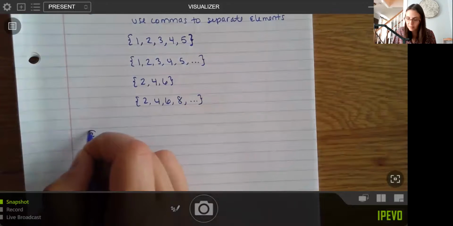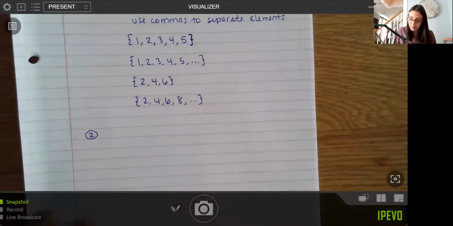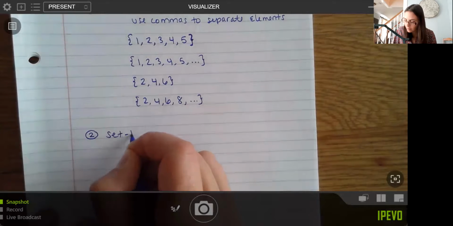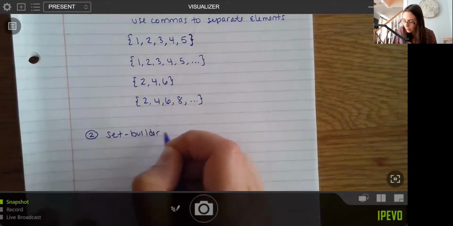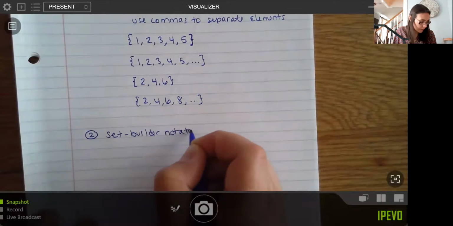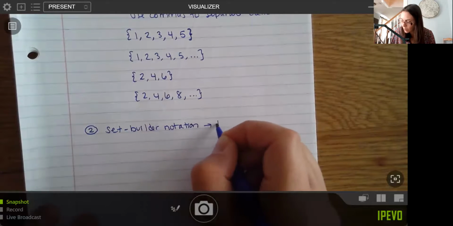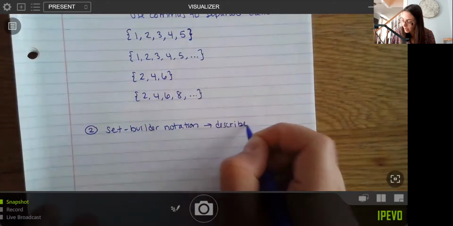The second way we write things, and you've again probably seen it before, is called either set notation or more formally set builder notation. And in this case, instead of listing them out, we more like describe the elements.